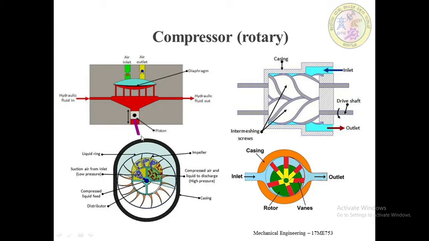Actually, the chemical production industries, like food and process industries, and milk production, like dairy farms. So for such applications we are using the diaphragm type of compressor.